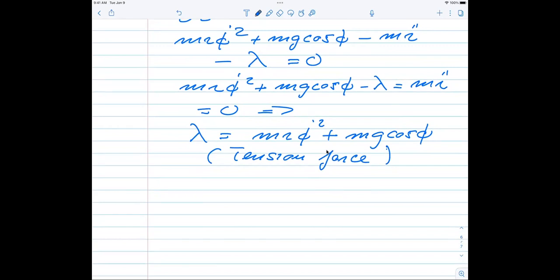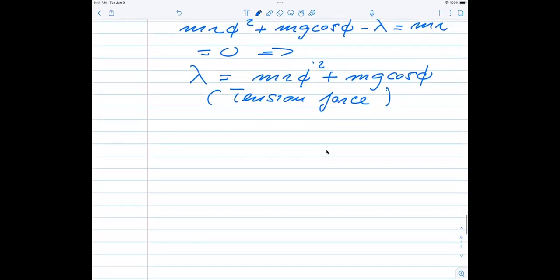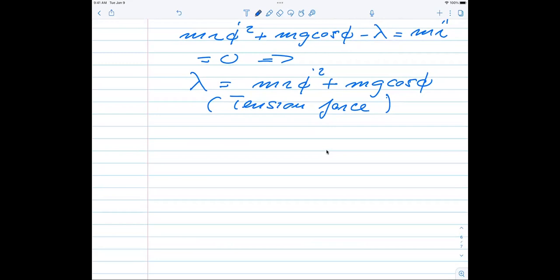But now let's look at the differential equation in the angular direction. So what we do next is we go to dL/dphi minus d/dt of dL/dphi dot, and then we take the derivative here, the angular velocity.